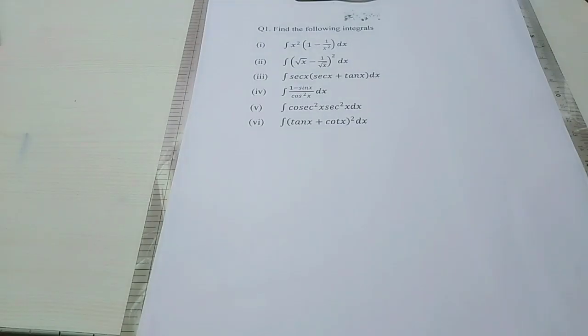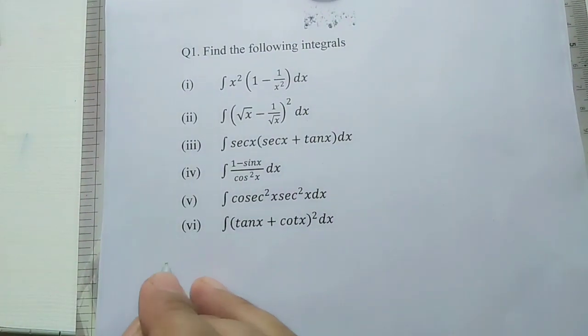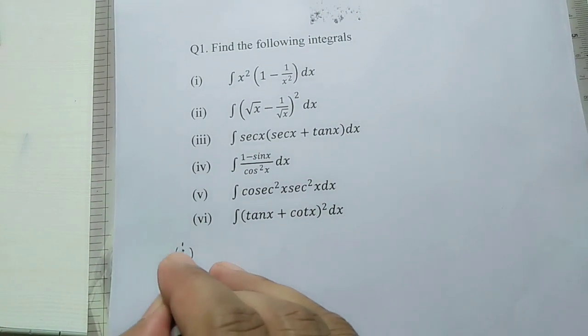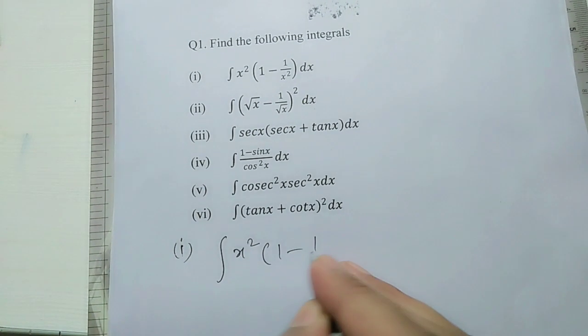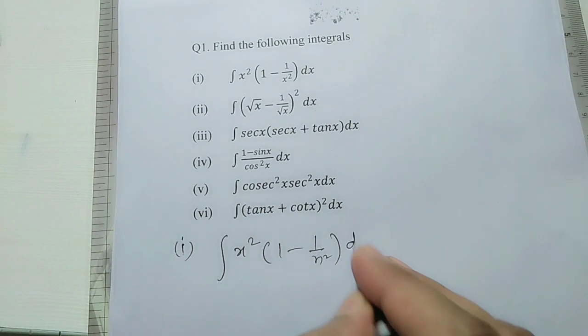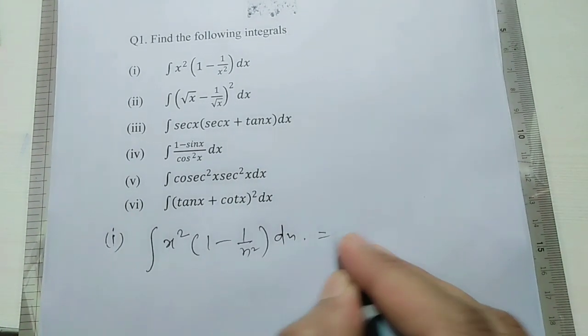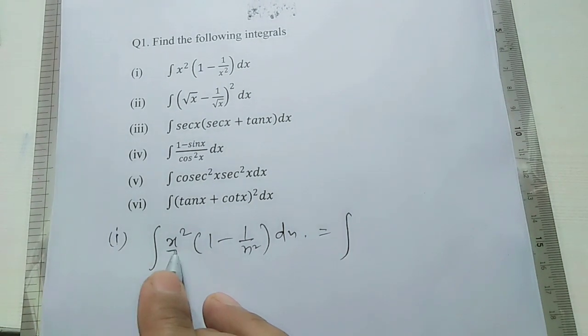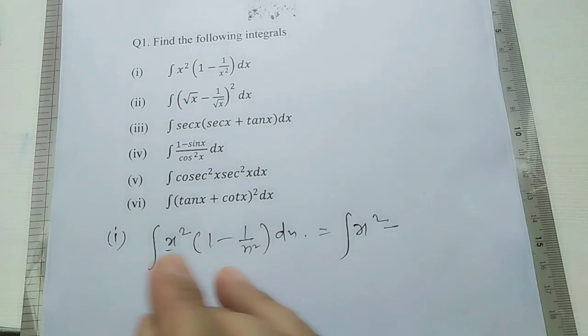Now we are going to solve some questions. So see question number 1. It is given x square into 1 minus 1 upon x square dx. This integration we have to solve. Before solving the question, first of all we will simplify it, that is we will multiply in the bracket: x square into 1 and minus 1.